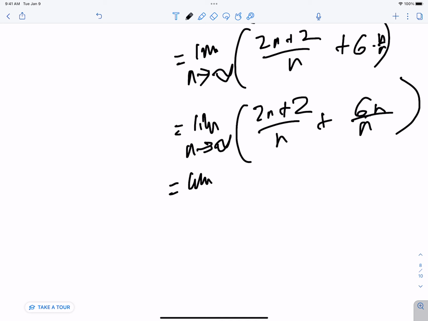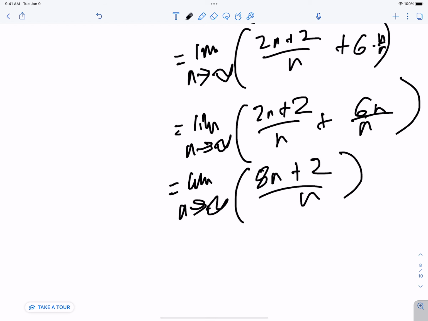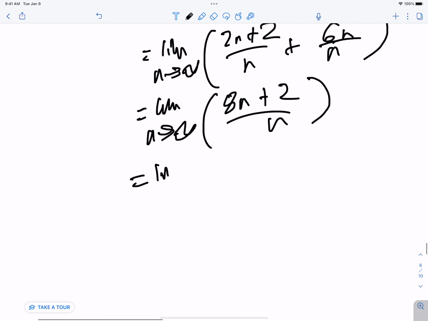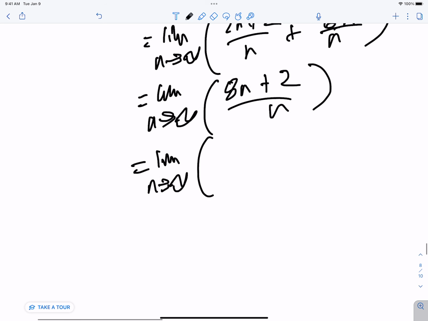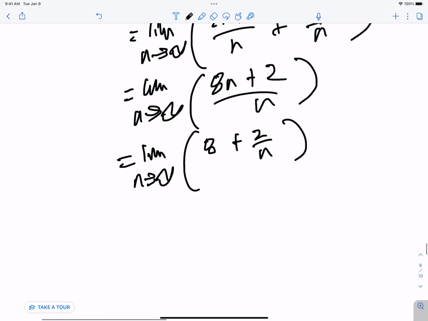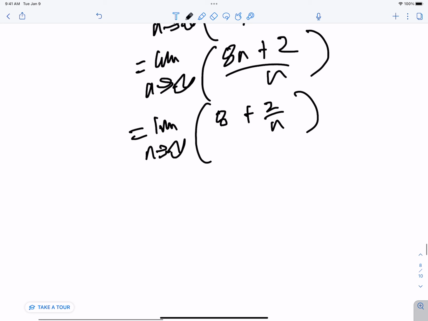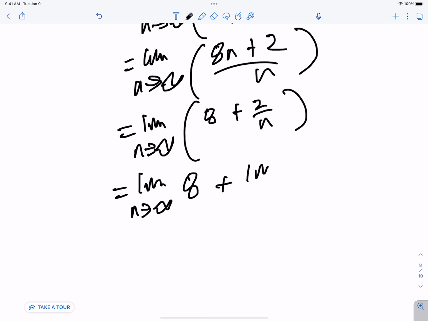I'm going to add 6 to the fraction now that I can, to get 8n plus 2 and everything over n. I'm going to slightly simplify everything here. So the 8n will cancel out to just become 8 plus 2 over n. Okay, so now I'll just split this limit into two limits. 8 plus the limit as n approaches infinity of 2 over n.